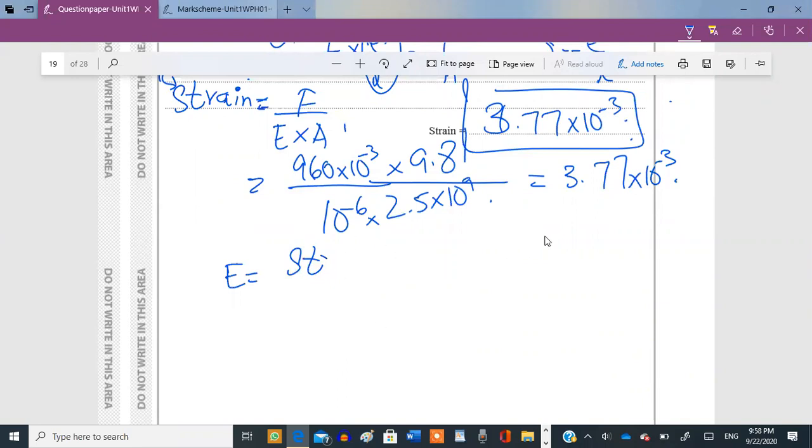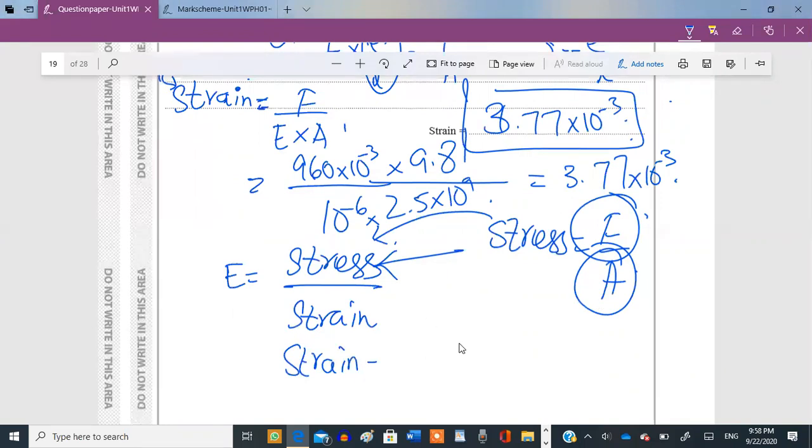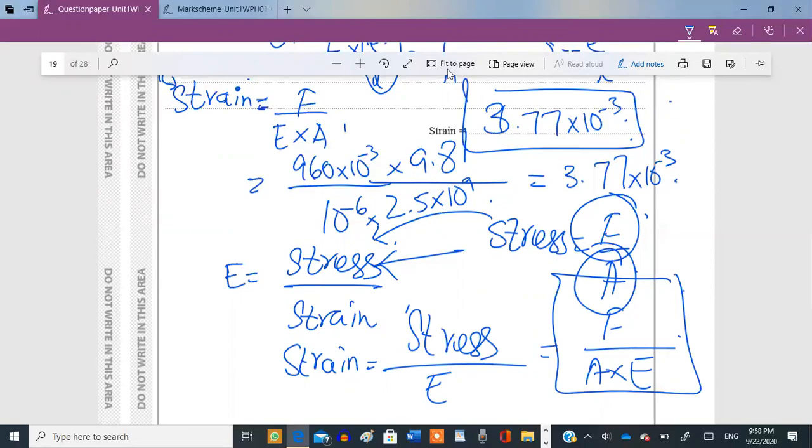Stress is force upon area. You need the force and the area, calculate the stress and then put it here. Then rearrange this, so the strain is going to be stress divided by the Young modulus. The stress is actually this force upon area, so you could just plug it in here. It's also going to give you the same thing which we got from there.